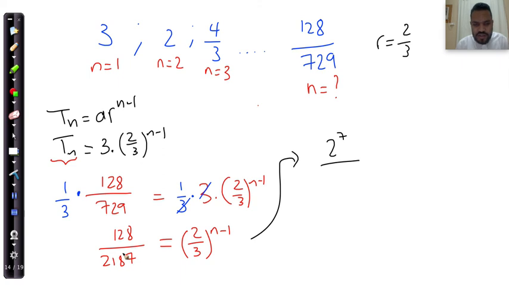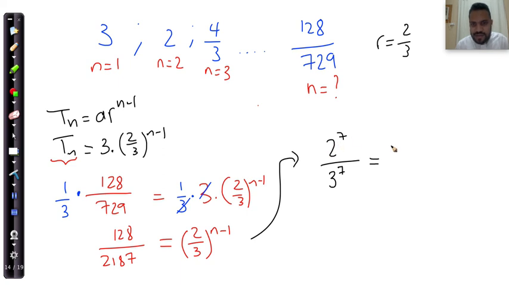And you could have done this on the calculator just by playing around with powers of 2 and powers of 3. The value 2,187 is 3 to the 7, and 128 is just 2 to the 7.